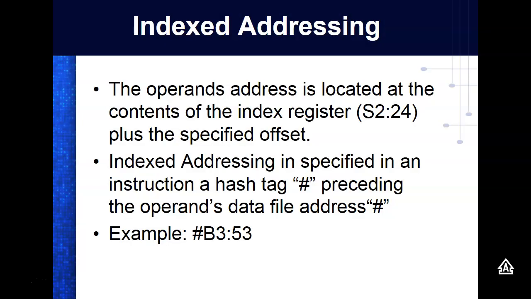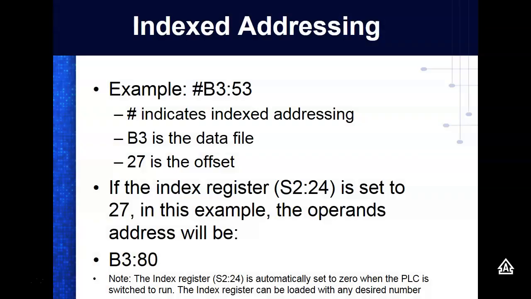Index addressing: all these guys use indexed addressing or simulate indexed addressing. I'll show you that in a minute. On the SLC 500s, the index register would be S24. And this would be the same on the MicroLogix 1000. The other, more advanced PLCs don't directly support index addressing, but we can simulate it. Okay, that makes sense? Everybody okay so far? And we'll show you why.